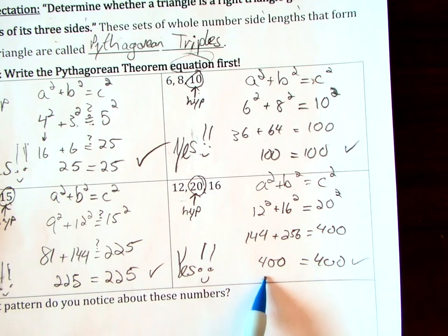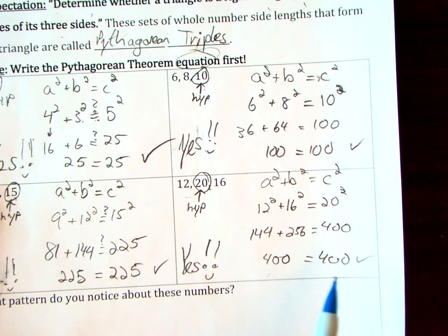So you know for sure that is going to be a right triangle, since we're looking to make sure that's a true statement, and so we're good.